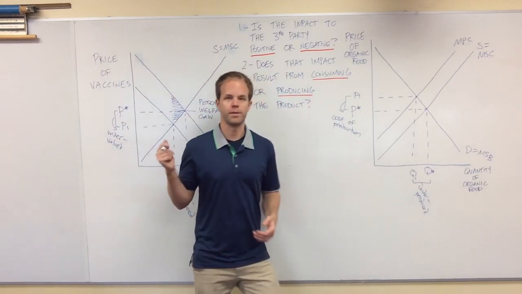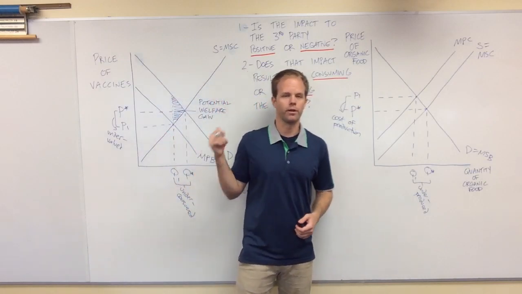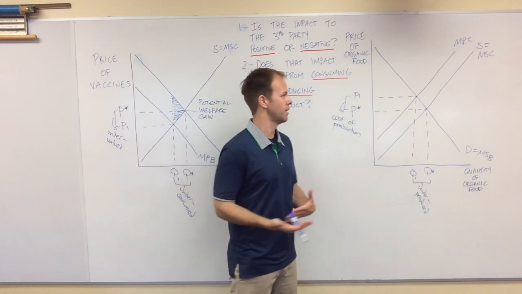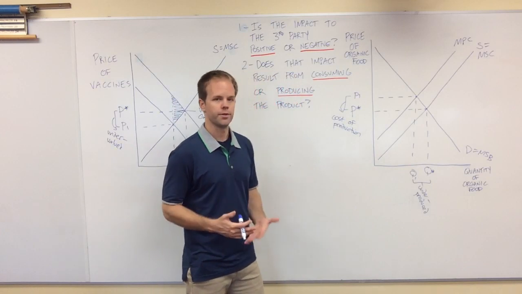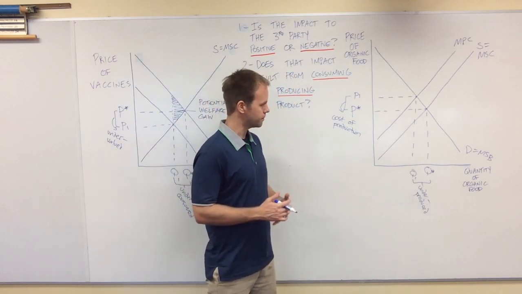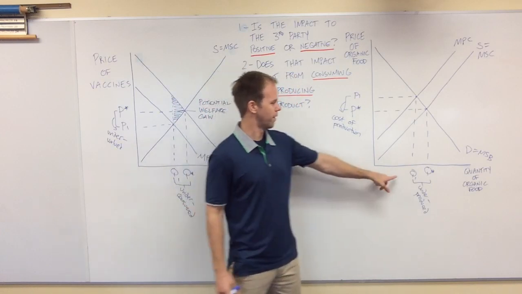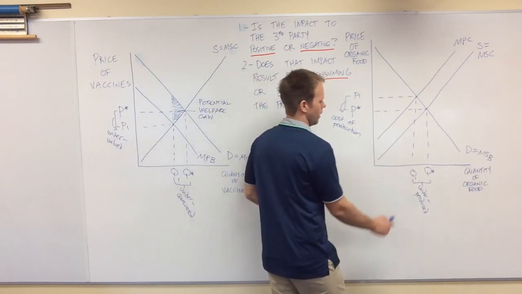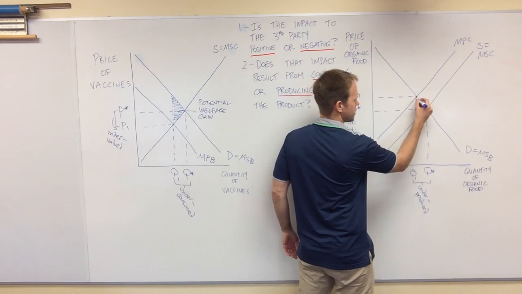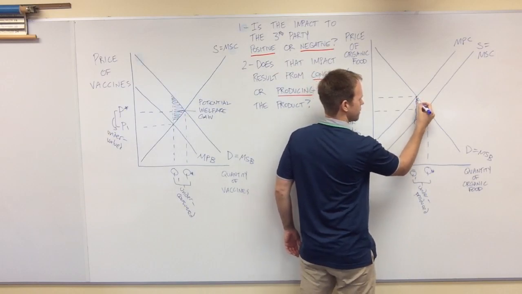Okay, so again, same deal over here. We have potential welfare gain. All of those benefits that I described, even to people that don't consume organic food, they'll still have those benefits. We're going to find our actual quantity produced here, which is Q1. Follow that line up, and the distance between the supply curves.